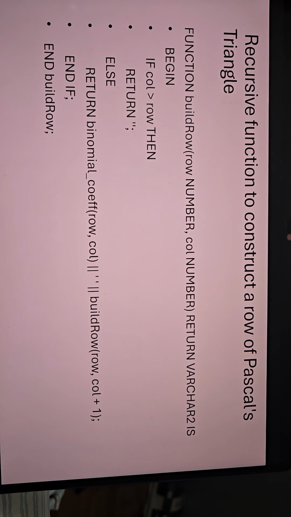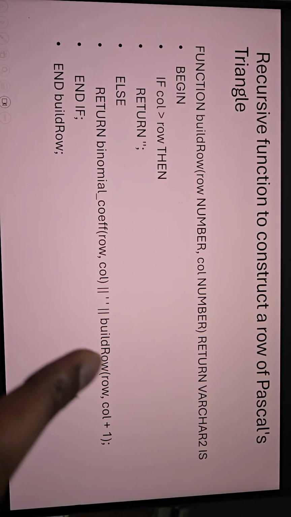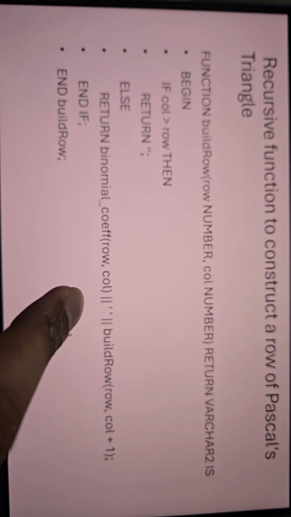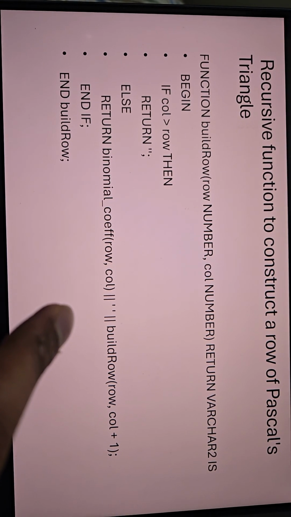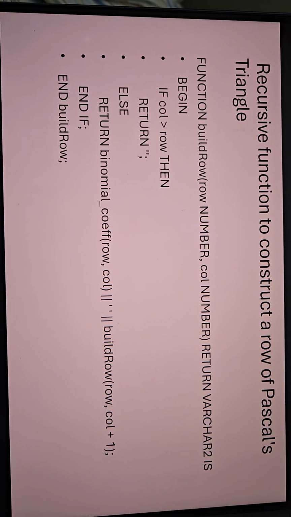So this will print the binomial coefficient for the row and column, then it will put a space, and then it will call build row for the next value.